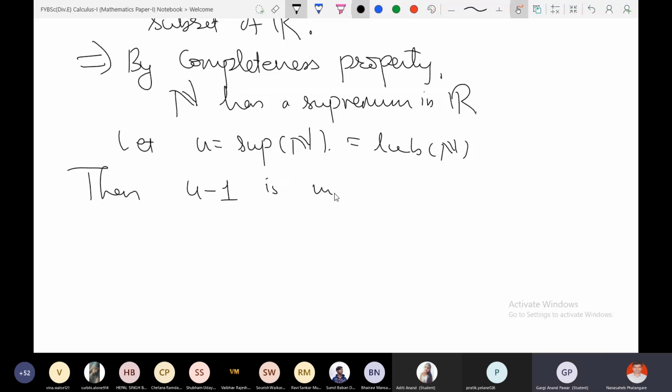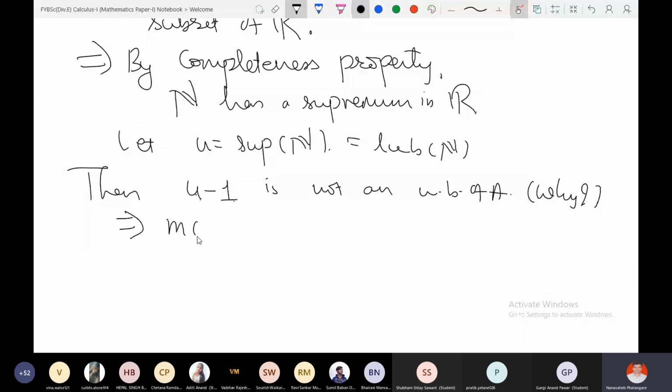It is not an upper bound of N. Right? Do you understand this? Yes, sir. Right. So therefore, u minus 1 is not an upper bound because u is the least upper bound, and u minus 1 is not an upper bound means what?